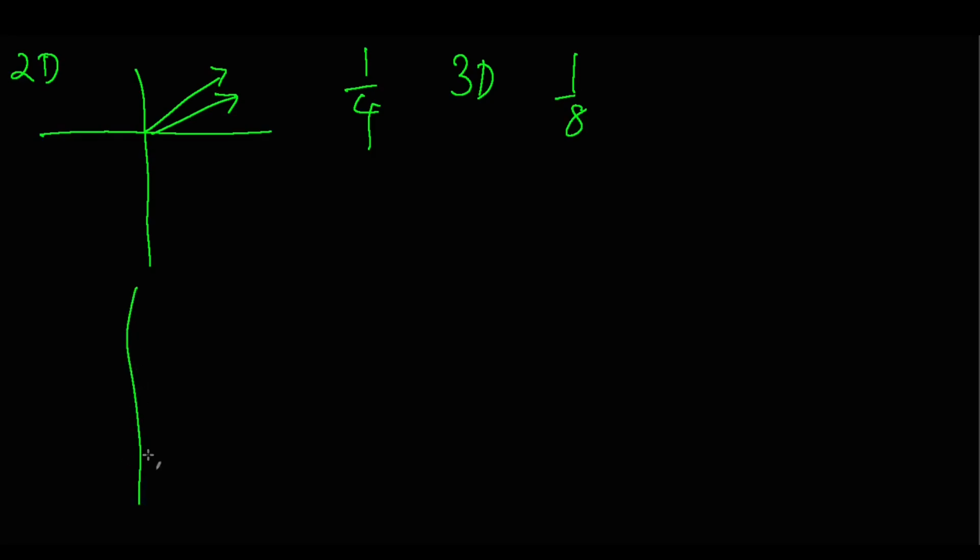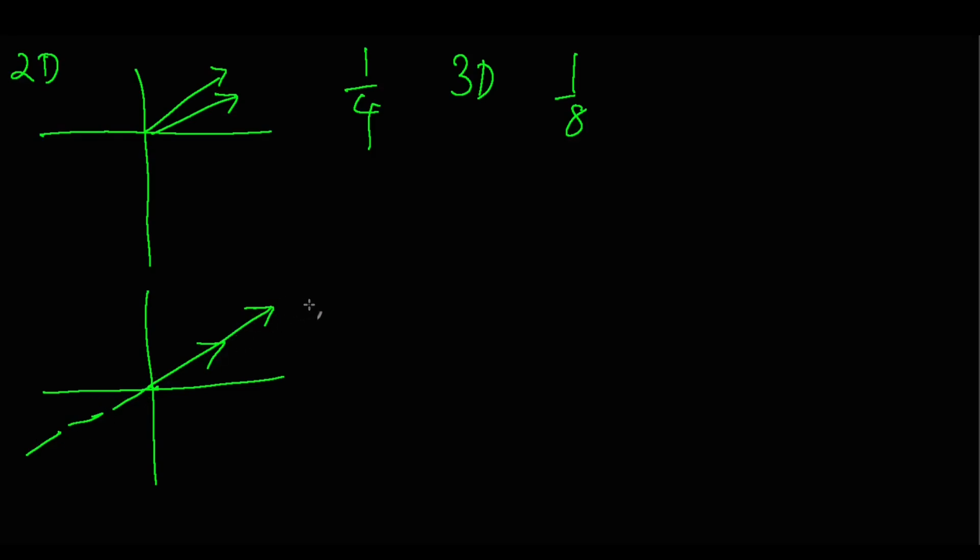Now let's ask a different question. Let's go back to the 2D space, but let's ask a different question. What if we sample two vectors and that vectors come from a line? That vectors are collinear or that vectors are a scalar multiple of each other. So we can apply the same criteria here.